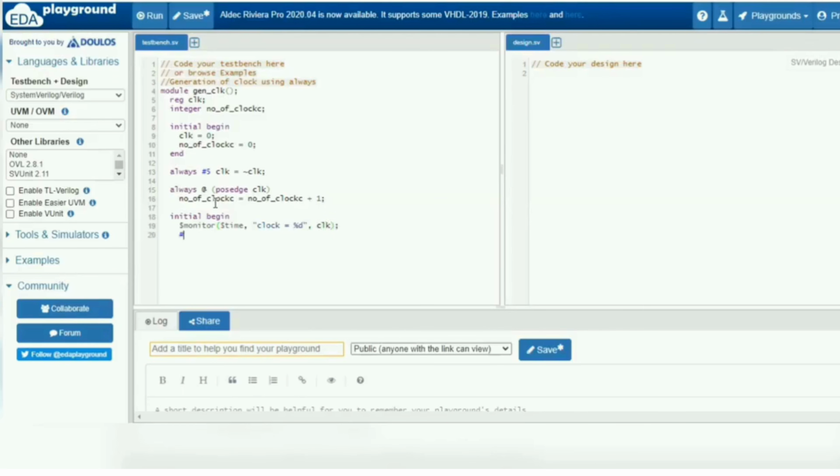And at 100 time delay, I want to display number of clock cycles. Number of clock cycles, it is just mandatory.